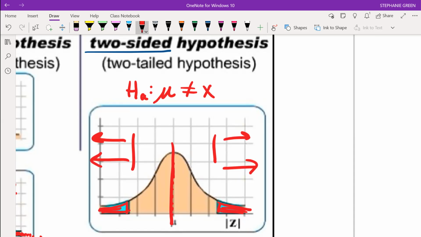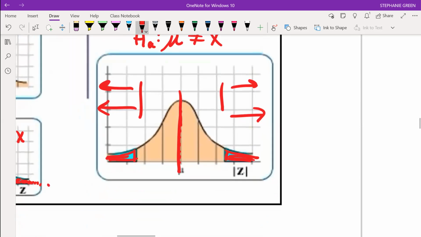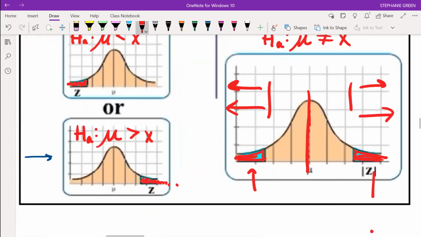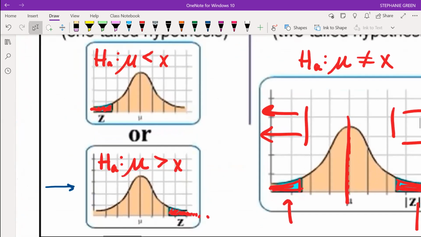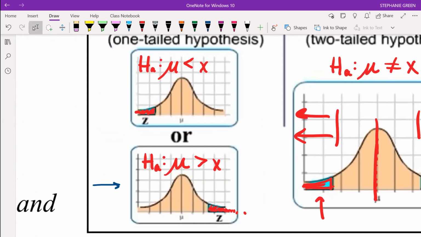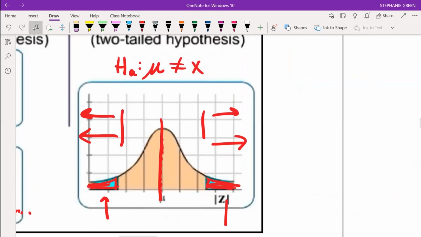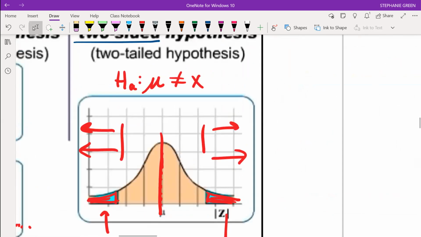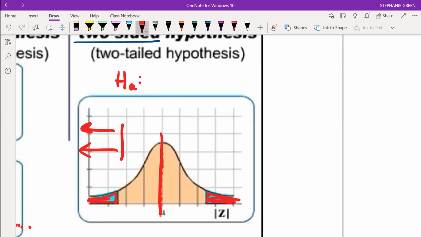Obviously, the size of our probability in these two-tailed situations is going to be much larger than in these one-sided situations. So it'll actually be harder to disprove a null hypothesis using a two-tailed alternative hypothesis. So if I can reject a null hypothesis using a two-tailed hypothesis, then I would say that's even more significant than on a one-sided.